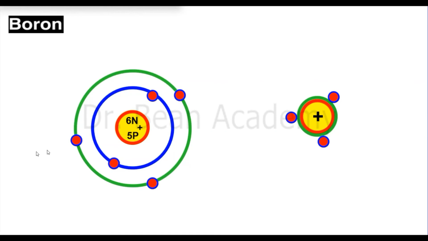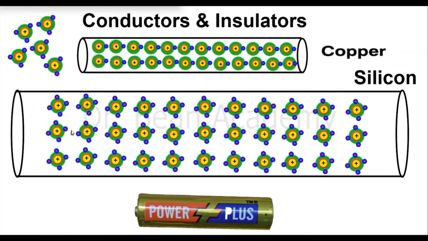And now I am going to try something else. Here I have the same intrinsic silicon material, and here I have boron atoms. If you see, boron is trivalent. Trivalent means it has 3 electrons in the outermost shell or valence shell.